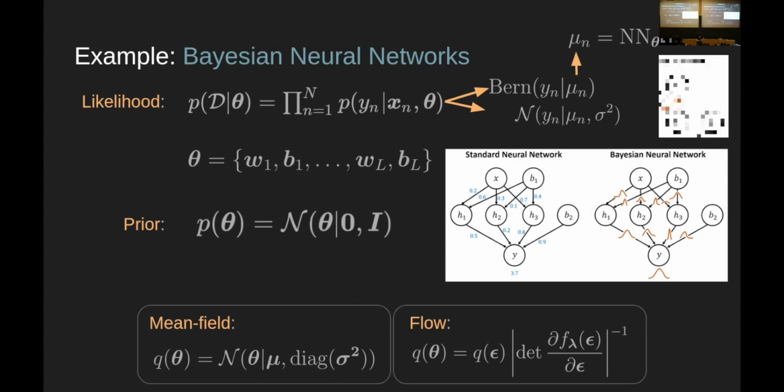So if you have a flow that transforms million dimensional noise to a million dimensional parameter configuration, you're going to have a neural network in there that has to have a million dimensional input and million dimensional output. So it doesn't scale well. It's hard to apply flows directly for Bayesian neural networks in the naive way, unless you have a really small Bayesian neural network, then it could be doable.